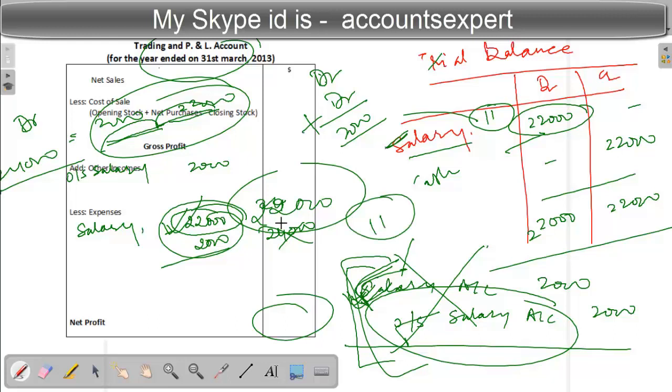Instead of 24,000, we show only 22,000, which is the figure of only 11 months. Then don't expect P&L to give the result of 12 months, because you are feeding only the figure of 11 months. So understood the importance of the adjustment entry.